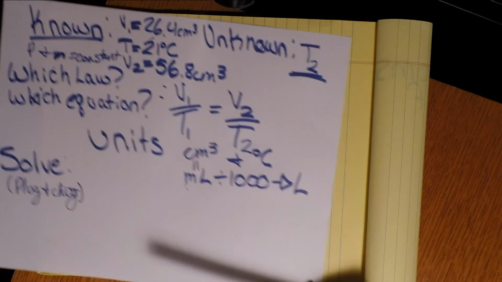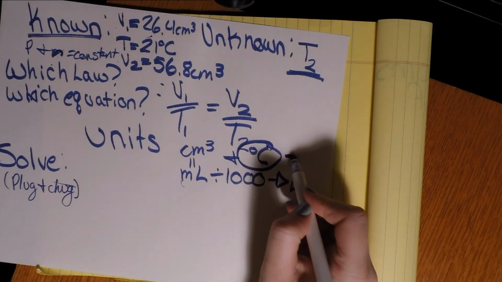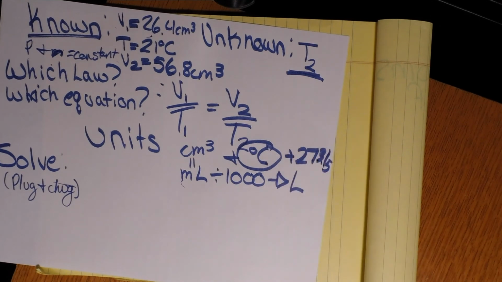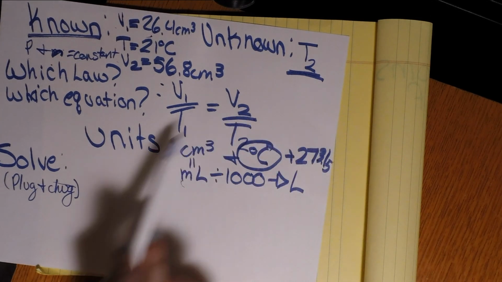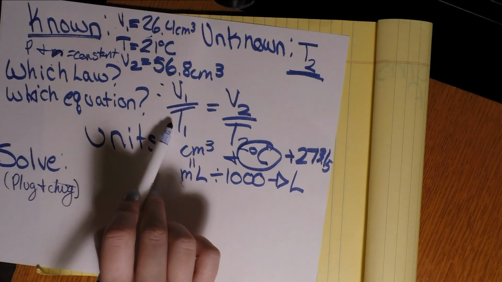Okay, and then our degrees Celsius, we will need to add 273.15. Okay, once you get your units transferred, then you're just going to plug it into this equation and solve.